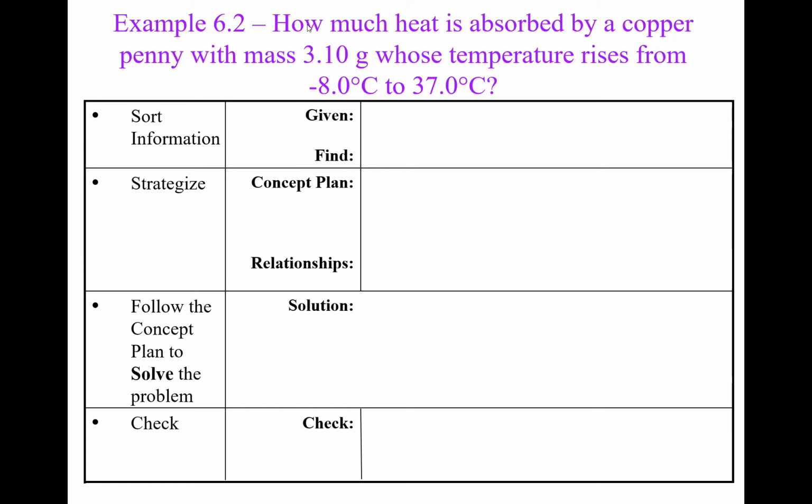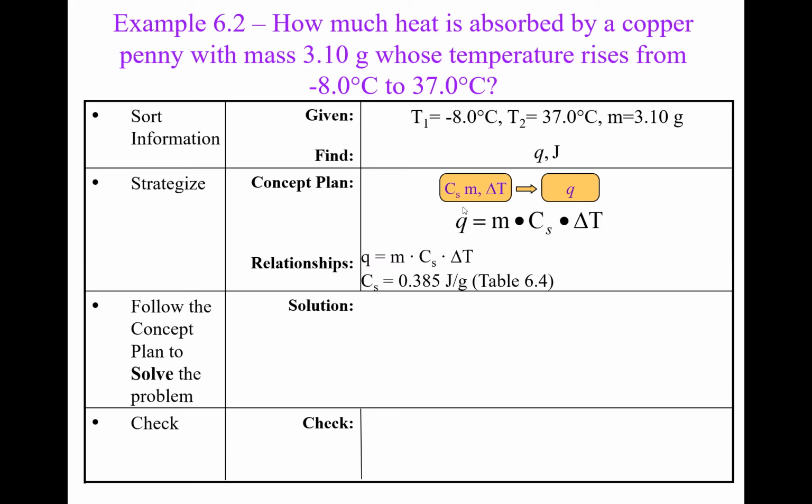All right. How much heat is absorbed by a copper penny with a mass of 3.1 grams, whose temperature rises from -8 to 37? All right, so we've got our two temperatures, so we can figure out the temperature change. We got the mass, and then it told us what it is. It's copper, so we got to go grab that from the table.